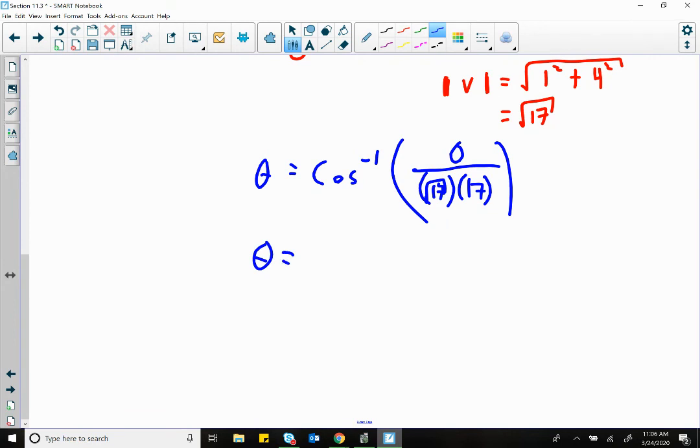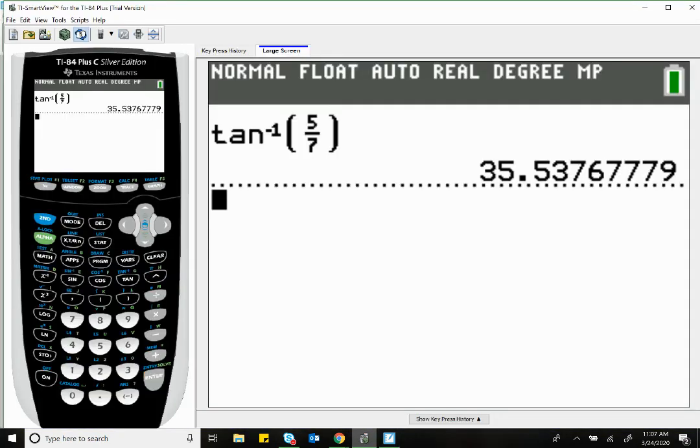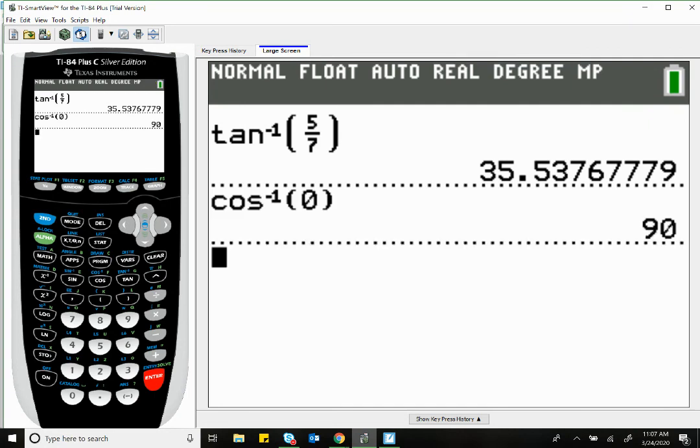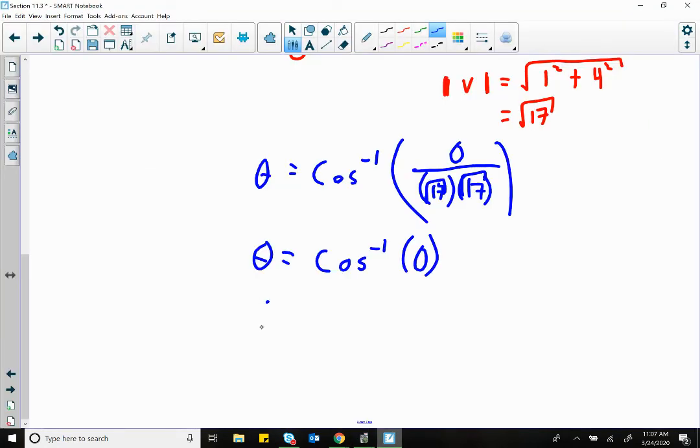Square root of 17 times square root of 17 is just 17. And that gives you 0 over 17. So really all we're doing is we're finding cosine -1, or the inverse cosine of 0. Okay? But again, you could just put that in your calculator the way that you saw it right there in the fraction. We've done that multiple times. So second cosine 0. And it's 90 degrees. That's the angle between.